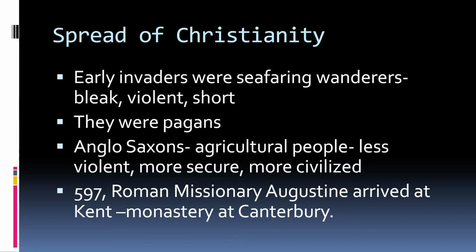They were less violent and more civilized. Now comes the Roman missionary Augustine in 597 AD. He arrived at Kent, and he also built a monastery at Canterbury. Thus Christianity spread slowly and conquered the whole of Europe.